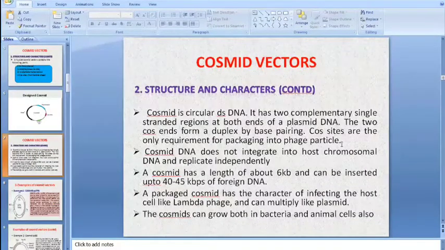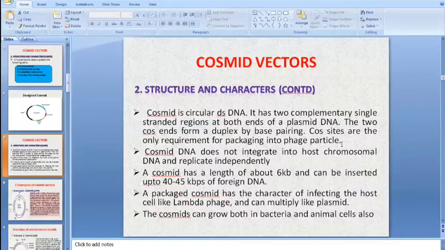Cosmid DNA does not integrate into host chromosomal DNA and replicates independently. This is another character of cosmids. That means they won't integrate with the host chromosomal DNA. They can replicate or multiply separately in the host cell. This is one character taken from the bacteriophage. You remember that a bacteriophage has two life cycles, lytic phase and lysogenic phase.